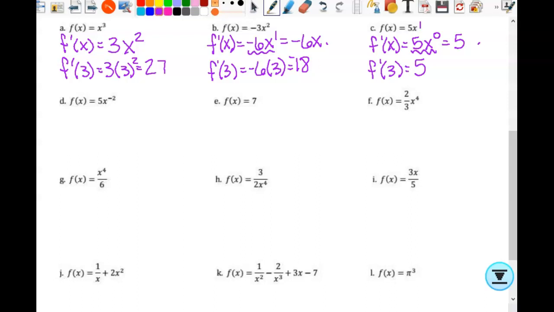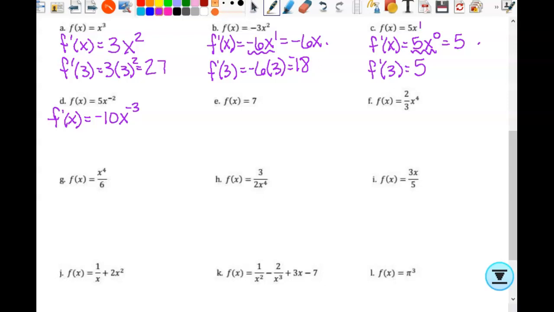All right. So let's look at D. F prime of x, we're going through the same process. So I do -2 times 5, that gives me a -10 times x to the what? -3 power. Now, your x to the -3, what does the negative exponent do?